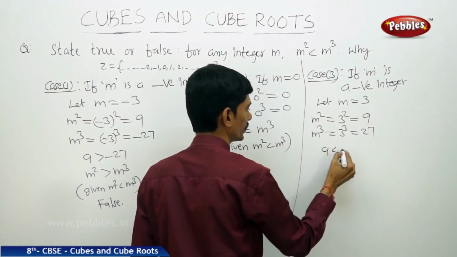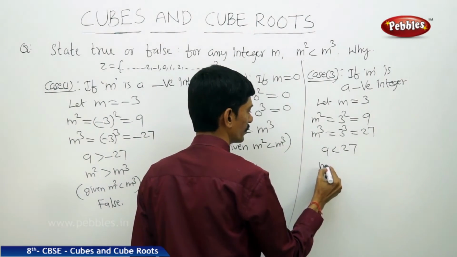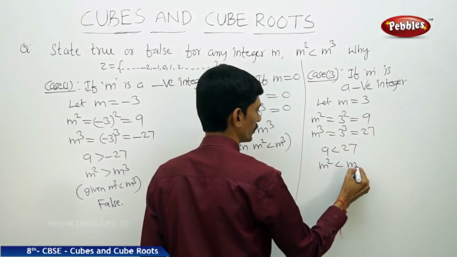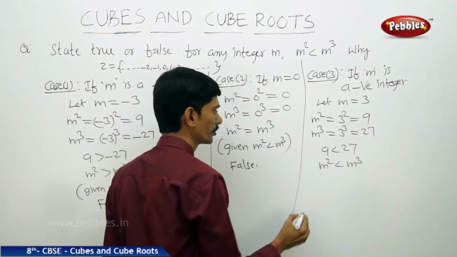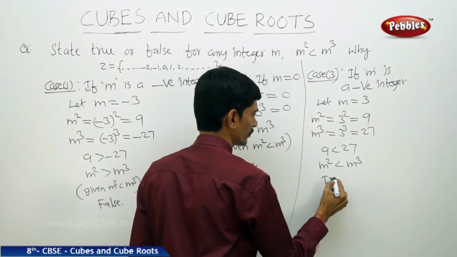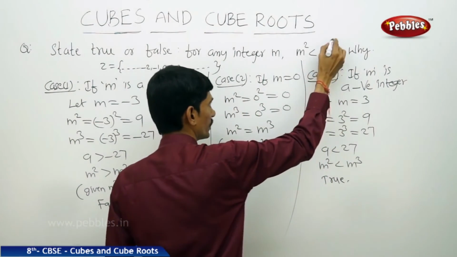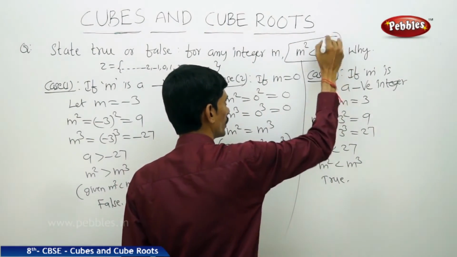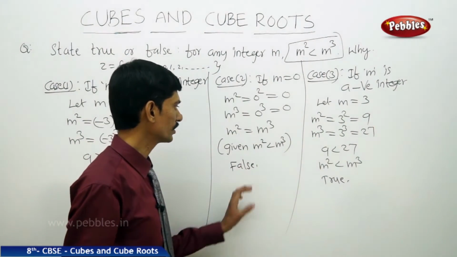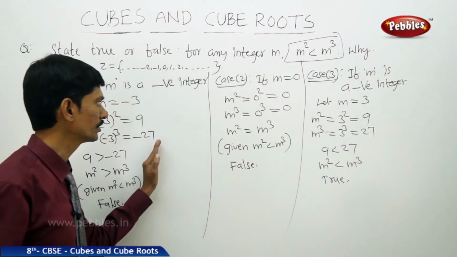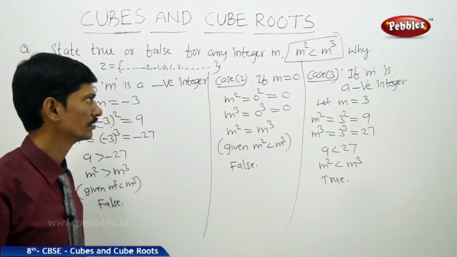So here 9 is less than 27, which means m square is less than m cube, as given, therefore it is true. So m square is less than m cube is true only in case of positive integers. But in case of 0 and negative integers, it is false.